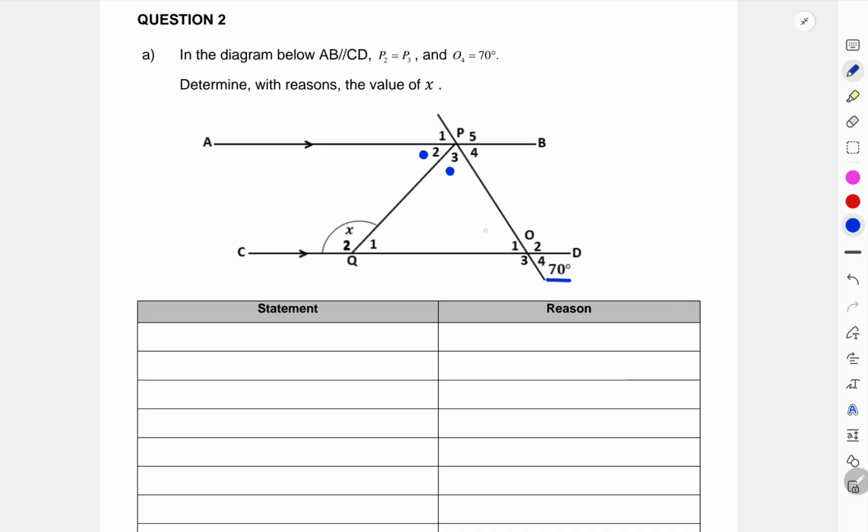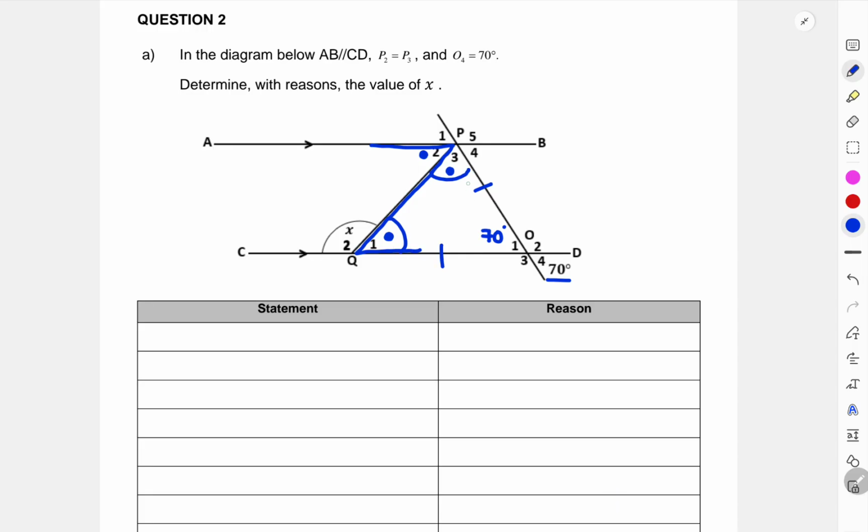Okay, so this 70 degrees, can you see that that O1 will also be 70 degrees because of vertically opposite angles? This P2 over here is also equal to Q1 because of alternate angles. And now it's basically showing that this is an isosceles triangle because the two angles are the same.